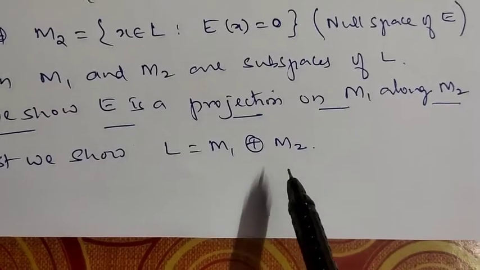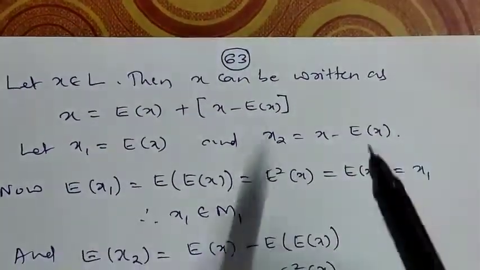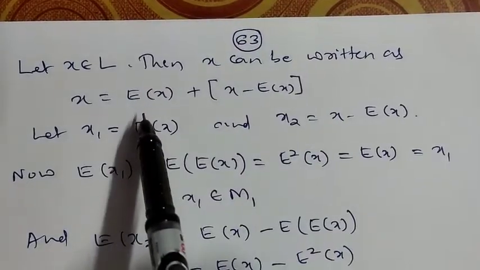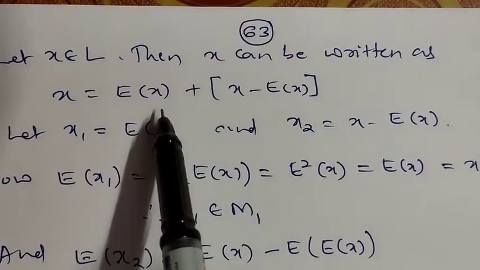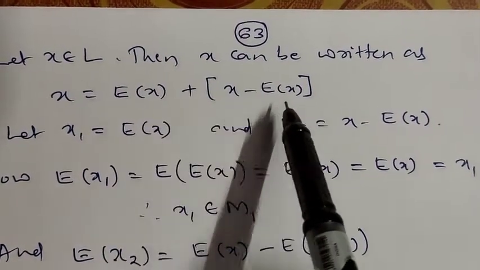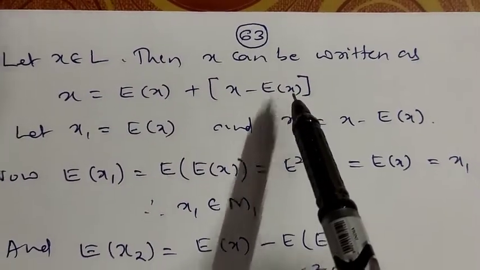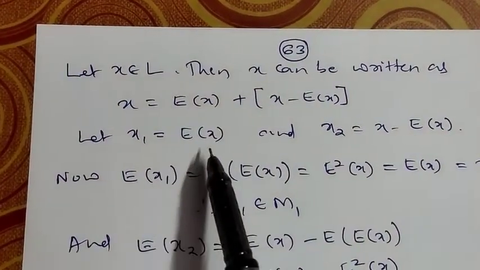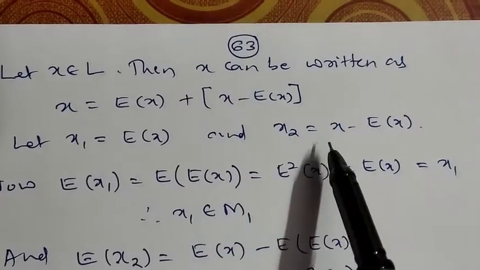Any x belonging to L can be written as x equals E of x plus x minus E of x. Let x1 be equal to E of x and x2 be x minus E of x.